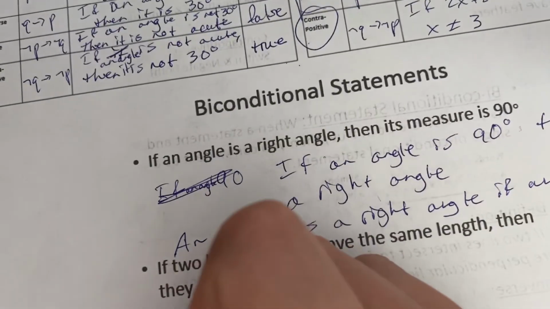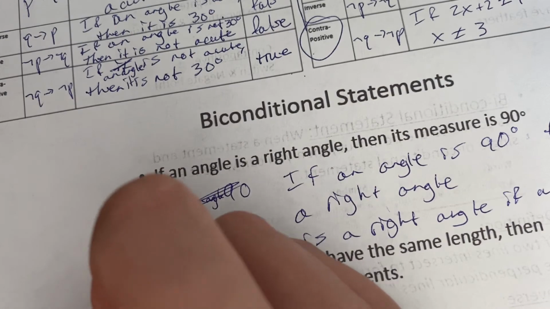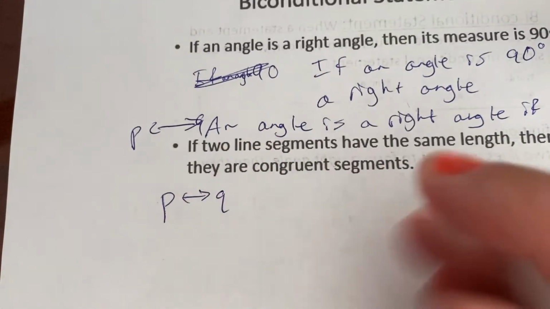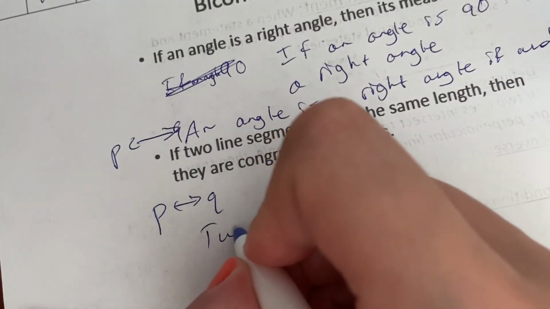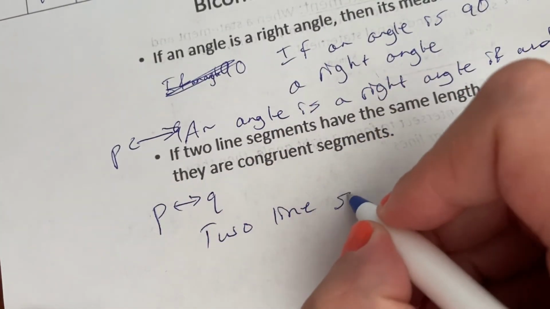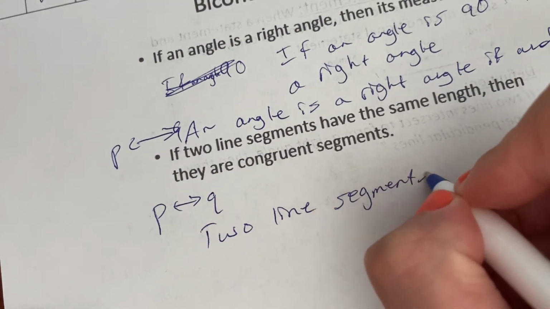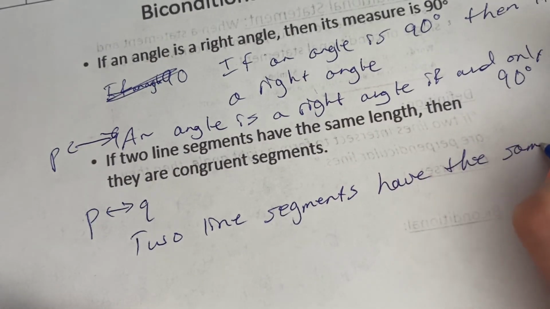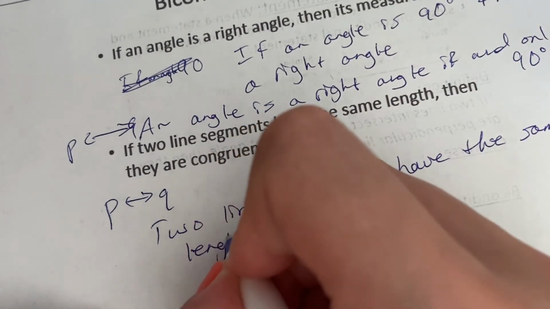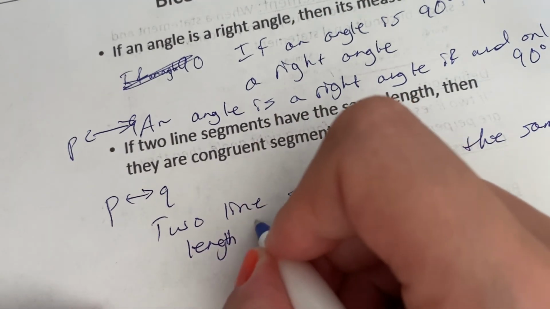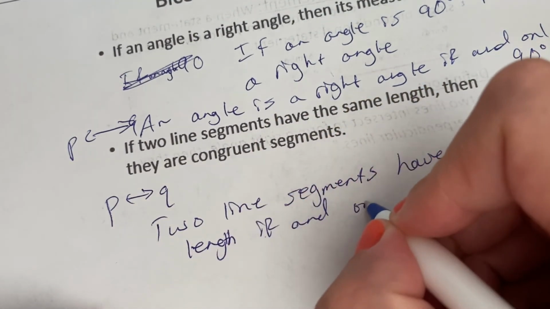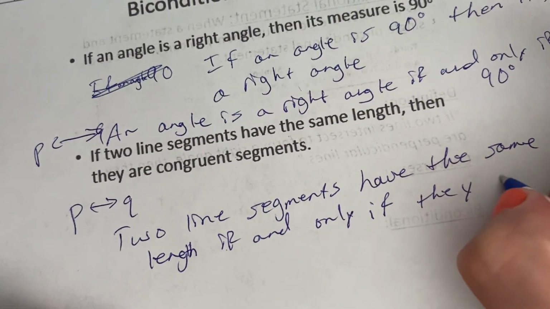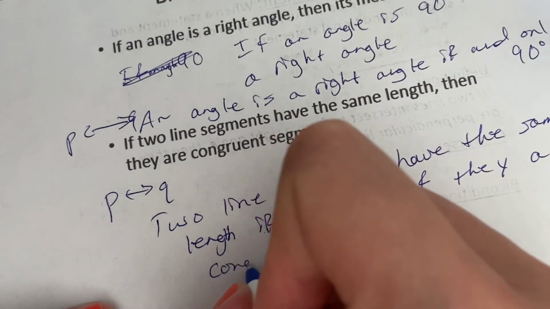So we can write these as the biconditional statement, P if and only if Q. So two line segments have the same length if and only if they are congruent segments.